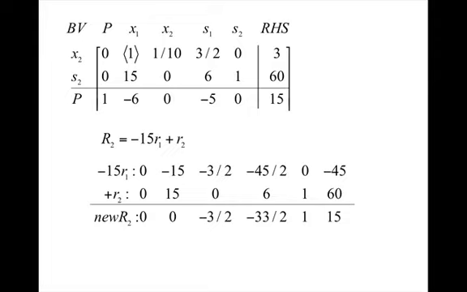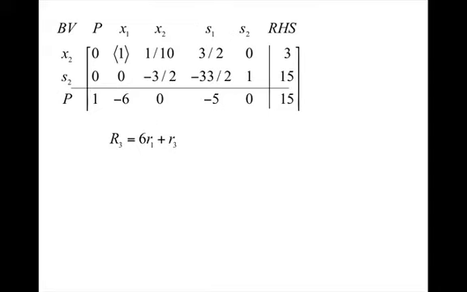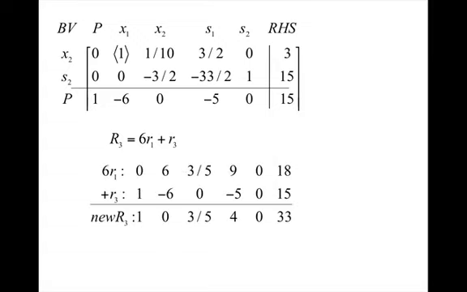So if you rewrite the table at this point, rows 1 and 3 stay the same, and you replace row 2 with that new row 2. Now, if you wanted to leave row 3 blank because we're just about to change that, you could. To get our new row 3, we say 6 times row 1 plus row 3. Well, 6 times row 1 gives me a 0, a 6, a 3/5, 9, 0, and 18.